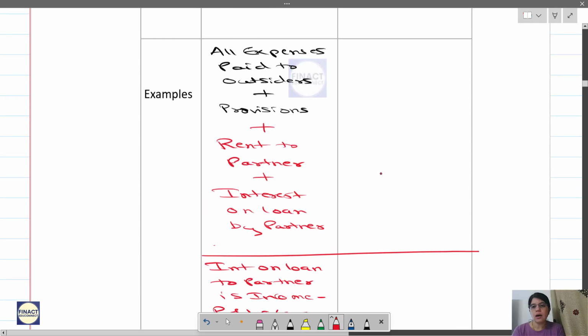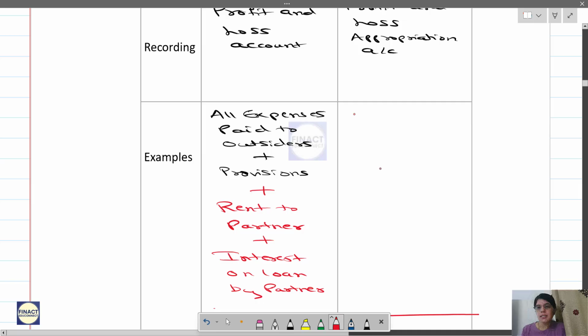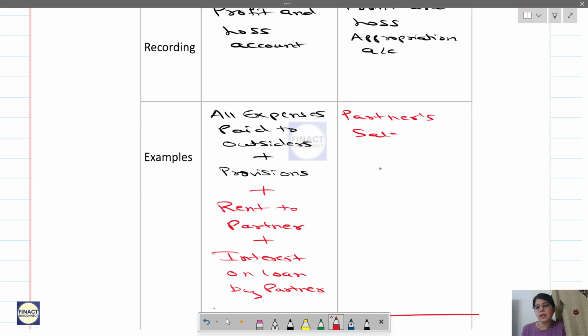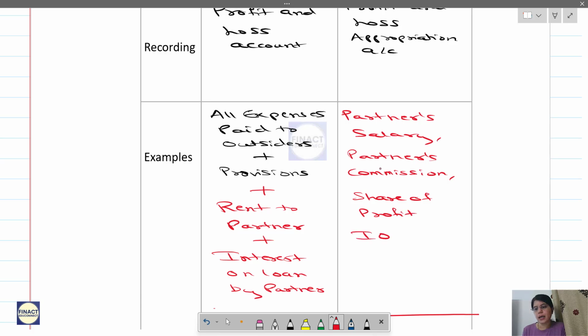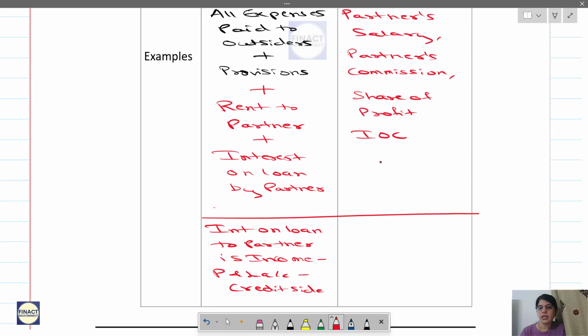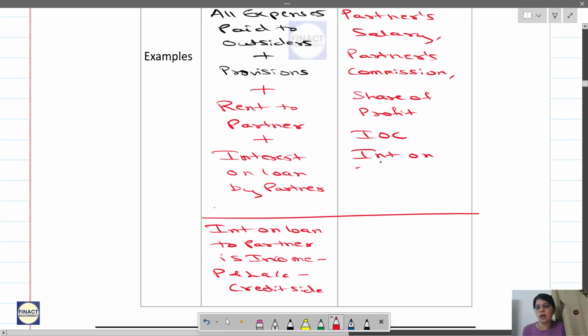Okay, now let us understand these examples. Partners salary, partners commission, then share of profit, interest on capital, then if there is interest on current account, it also will come over here.